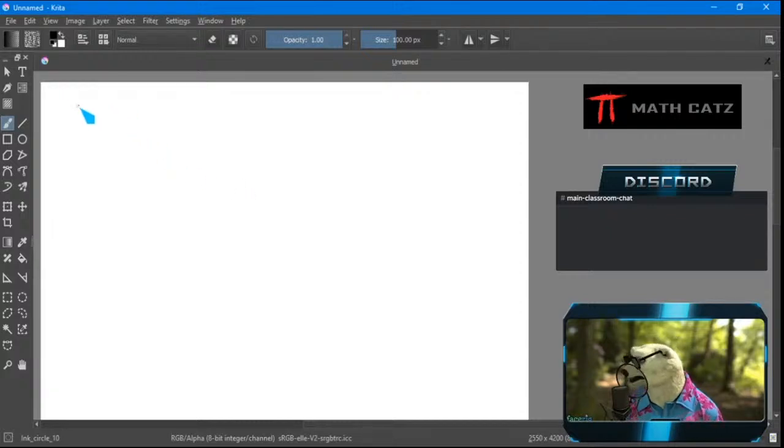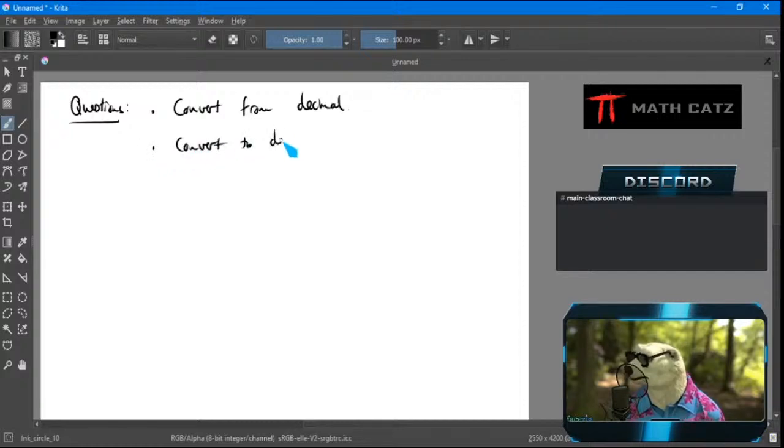Our questions and things that we have practiced are: convert from our familiar decimal system, convert to the decimal system from whatever number system we have looked at, and then we looked at the written method for addition, subtraction, and of course multiplication.